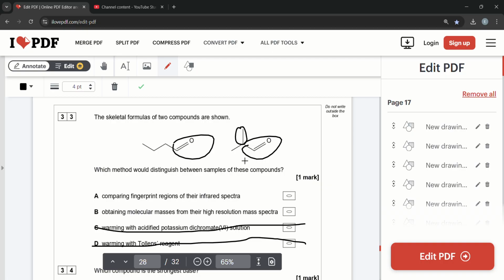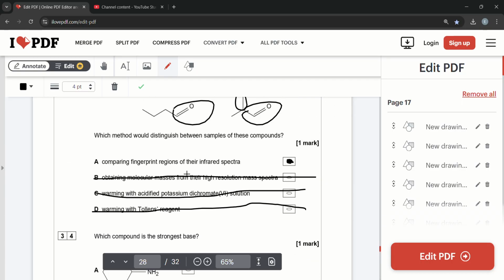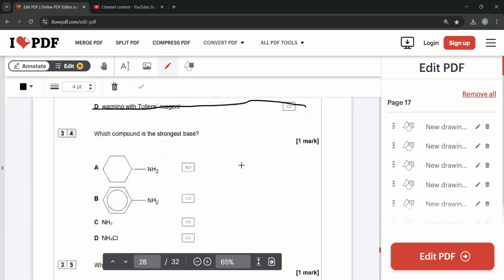No, because they've got the exact same masses, or extremely similar, because all they've done is this methyl group has gone here. So the only method to distinguish between these samples of compounds is comparing the fingerprint regions of the infrared spectra. The fingerprint region is the region below 1500 centimeters to the power minus 1.